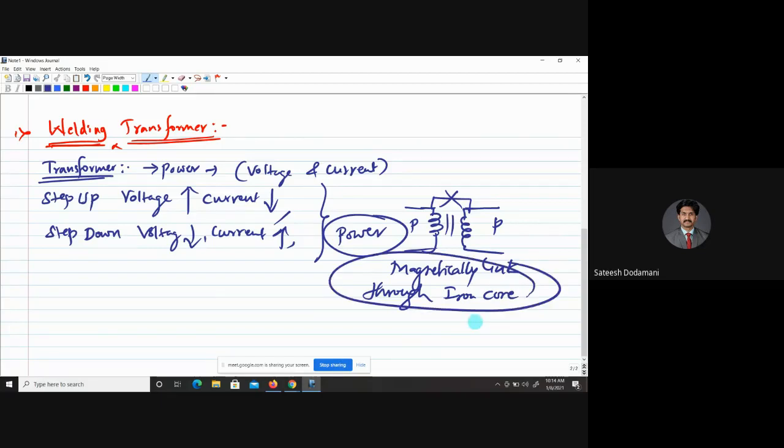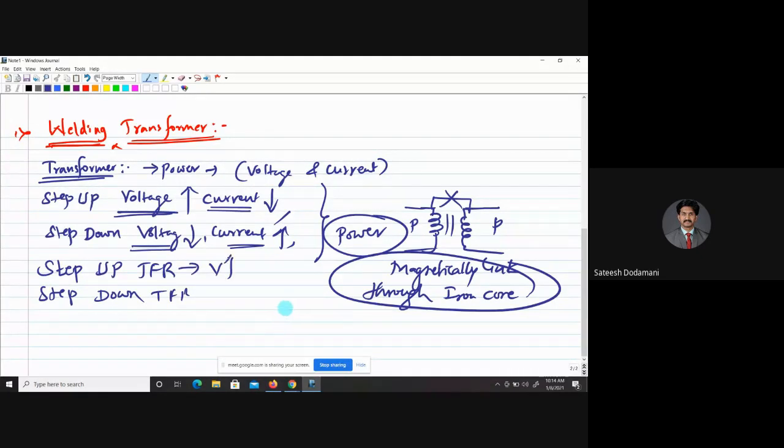This is what the transformer is. So based on whether it increases or decreases the voltage, we call them step up transformer and step down transformer. Step up transformer means voltage level is higher and current level is lower. Step down transformer means voltage level is lower and current level is higher. This is what we have studied.